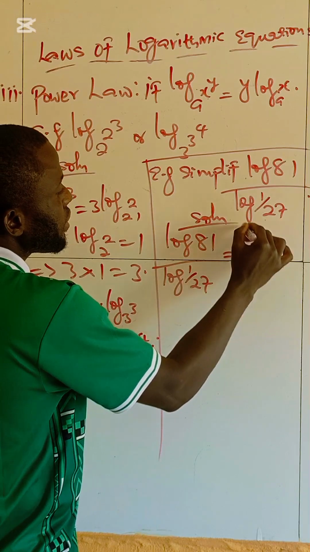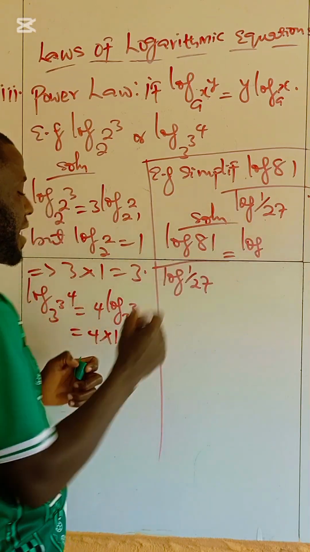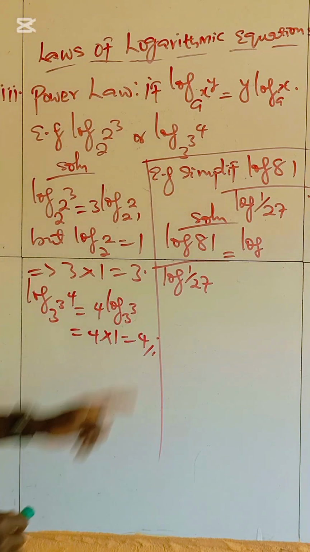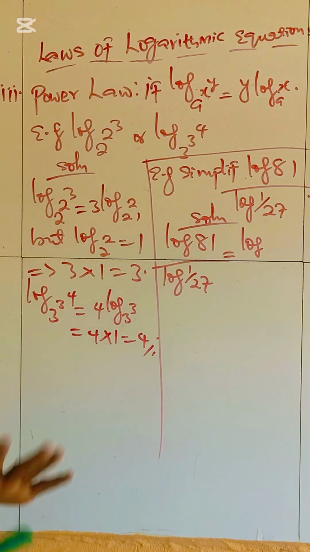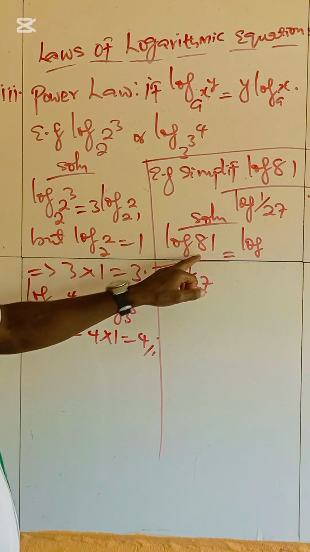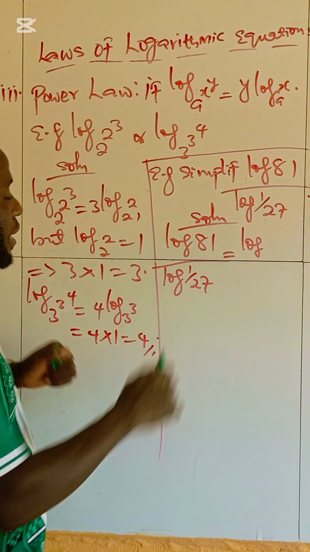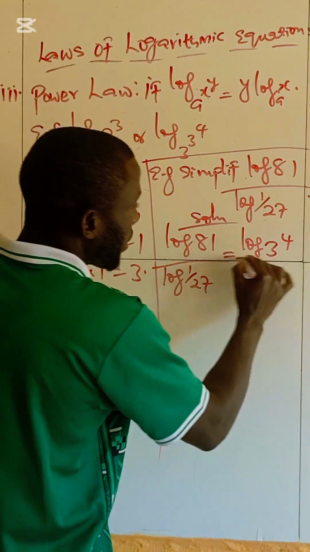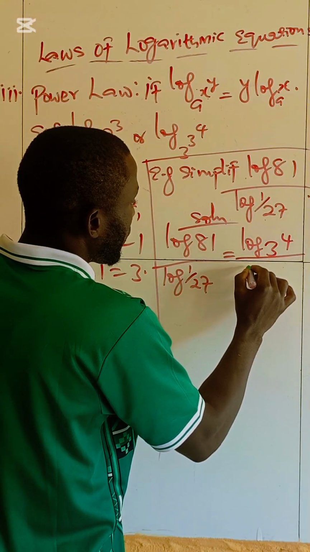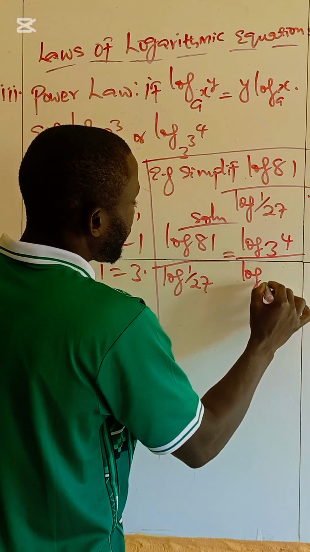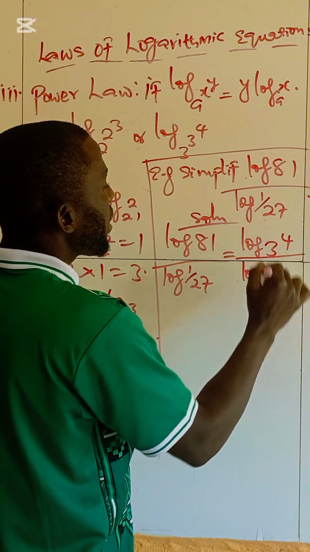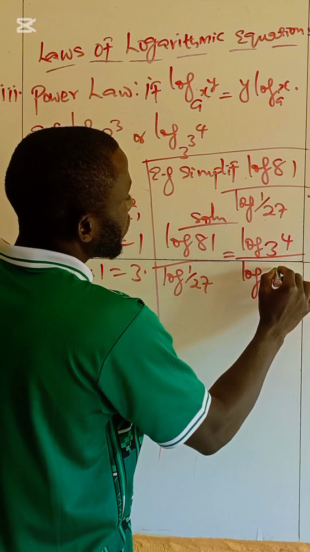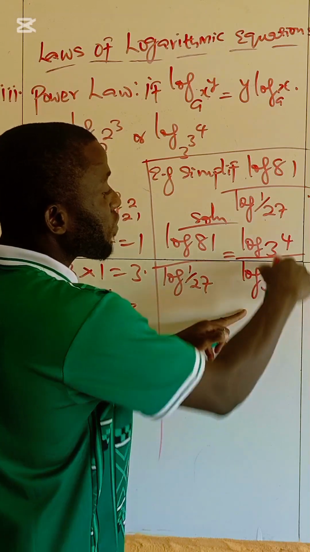We can change this, because we can find the common factor of all these numbers. One of the most significant among them is 3. As an indices student, you should know that 3 can play a role in 81 and also in 27. So we can change it to 3 raised to the power of 4 to give me 81, over log of 3 raised to the power of 3, which gives me 27.